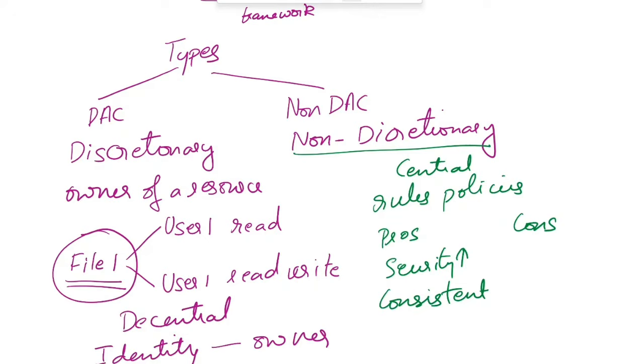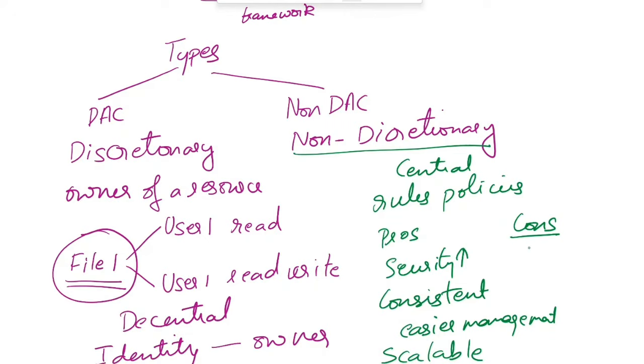Like we said, it is based on centralized policies and rules, right? This also makes it easier to manage, especially in large organizations with many users and resources. And non-DAC is more scalable compared to the DAC system, as it allows organizations to easily add or remove users and resources without needing to modify the individual access controls.